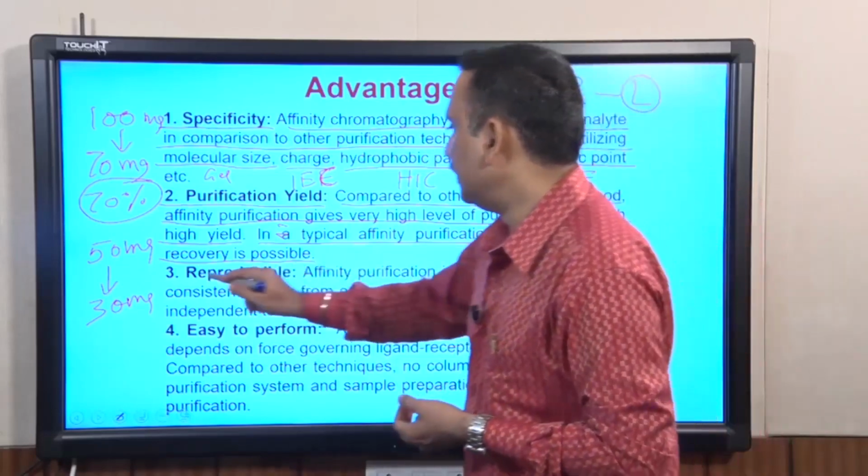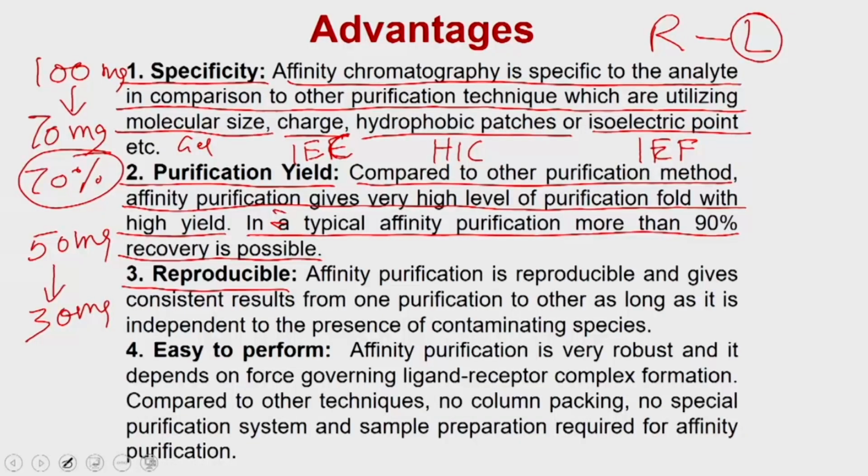Now, number 3 is reproducibility. Affinity purification is reproducible and gives consistent results from one purification to another, as long as it is independent of the presence of contaminating species. Number 4, affinity purification is easy to perform.